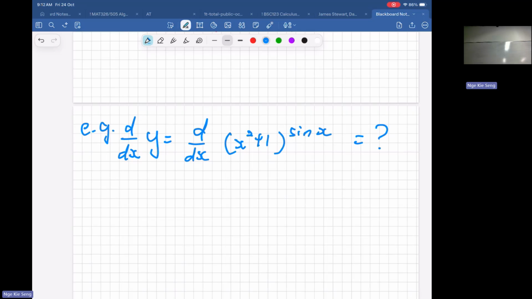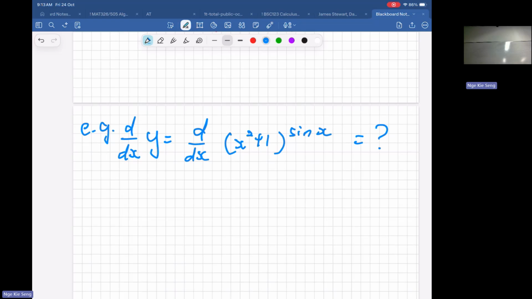So log x, when is it not defined? Positive, right? So if you want to apply log to this y here, you need to make sure that everything here is positive. So when is this function defined?